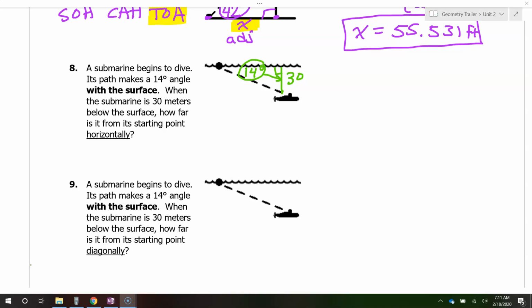So we always have to be careful when they ask us how far the vehicle or whatever it is has gone. Sometimes they mean directly through the water from the starting point to the sub, but sometimes they mean along the surface or along the ground. So in this case, they were very specific and said horizontally, which means that the x that we're dealing with is up here.